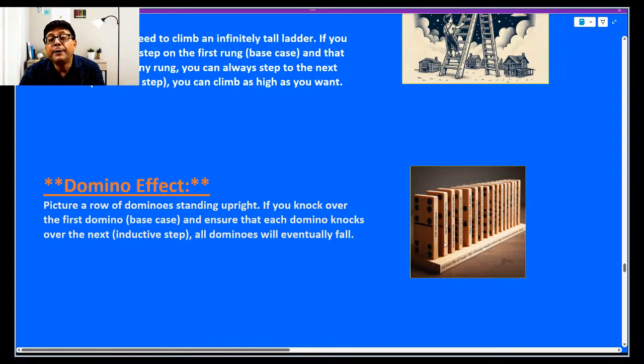So, if we see that in this process, an arbitrary, say kth one, pushes the k plus 1th one, kth one falling, k plus 1 also falling, then we can say that it can hit the last one also and the last one will fall.